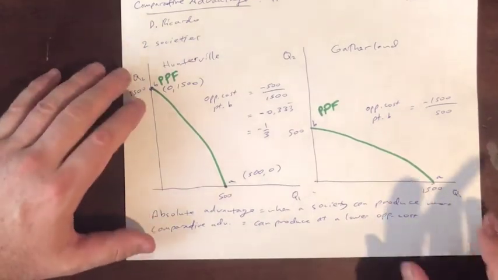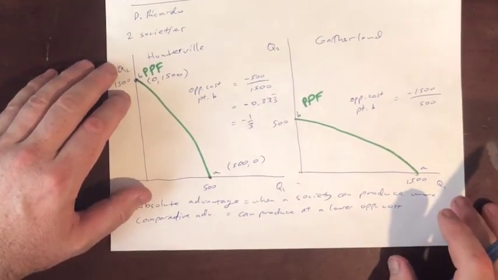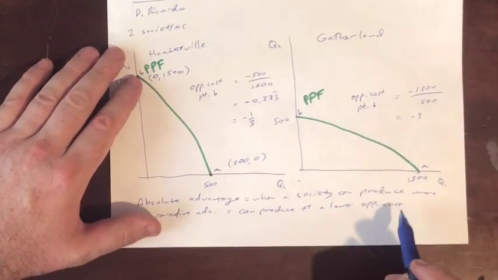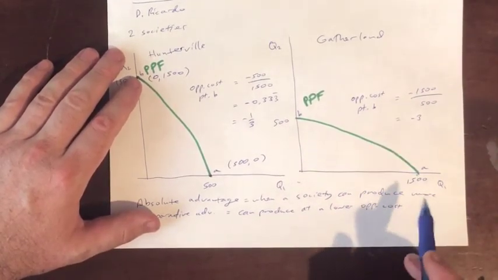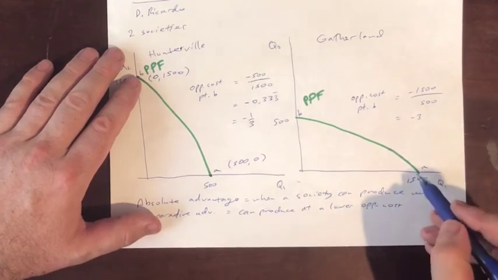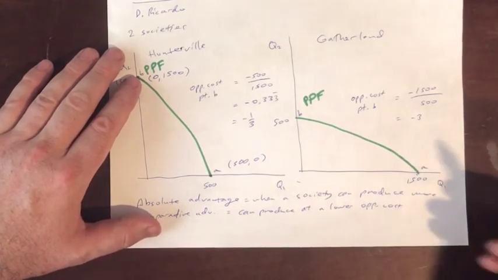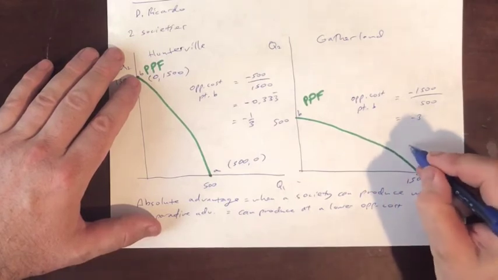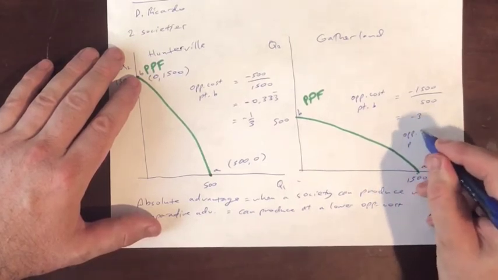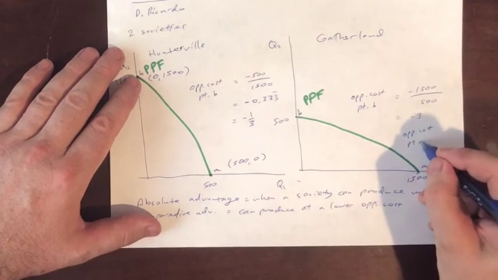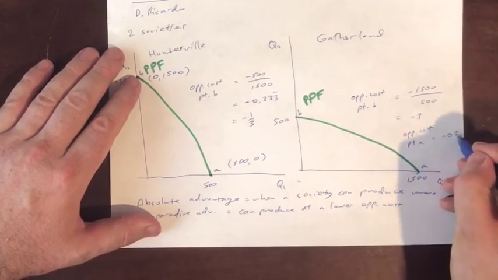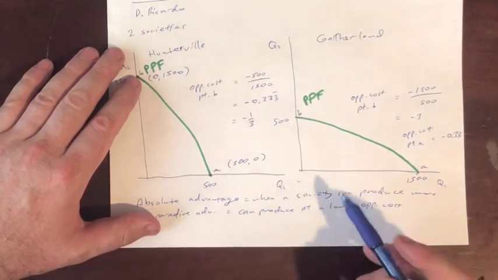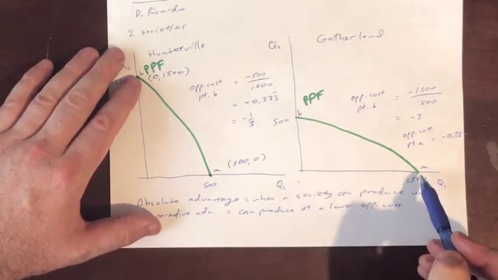So it's a very different situation here. However, they have a much lower opportunity cost of being at point A. Point A, the opportunity cost is negative 1/3: the loss 500, the gain 1,500.